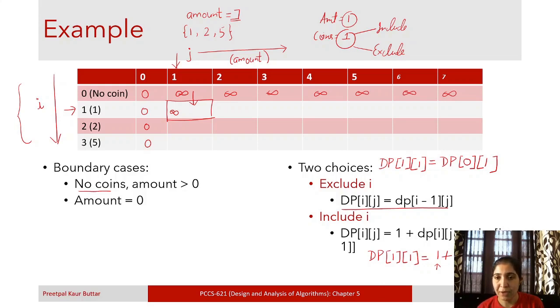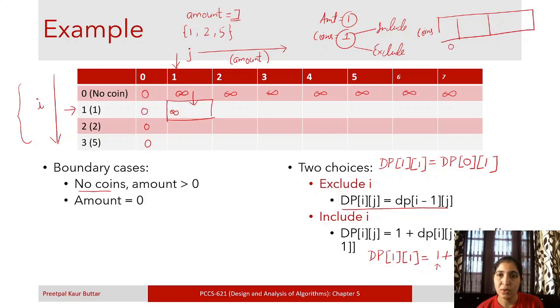The amount left will be j minus coins i minus 1. So i is 1, 1 minus 1. Okay, so what is this? Let us see. So coins is an array which stores the values of the coins you have.